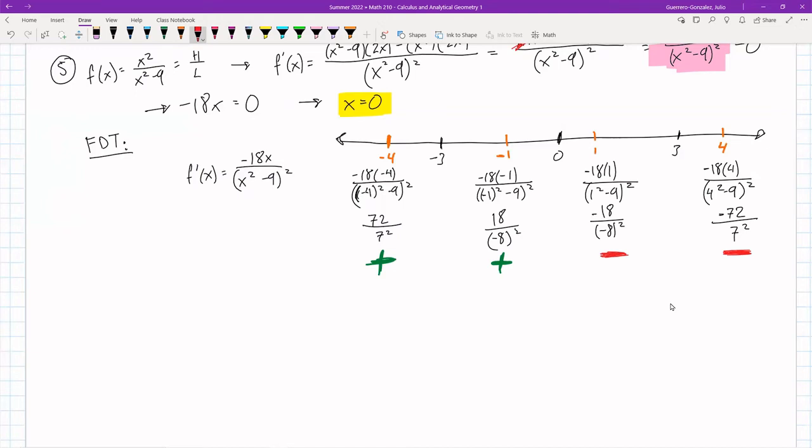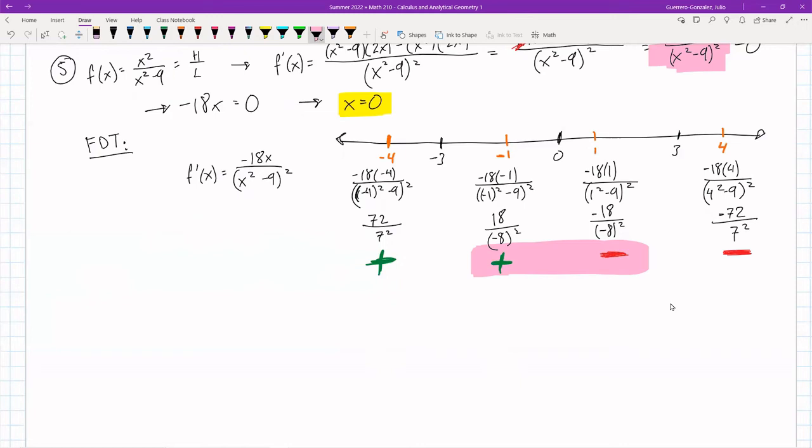If you recall from the first derivative test, if the sign is the same before and after your critical value, no conclusion can be made. So at negative 3 and positive 3, we can't make a conclusion. However, from a previous portion of this problem, we know that these are asymptotes, so no big deal there. But here, it went from positive slopes to negative slopes.